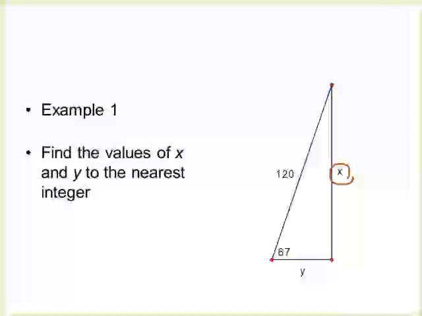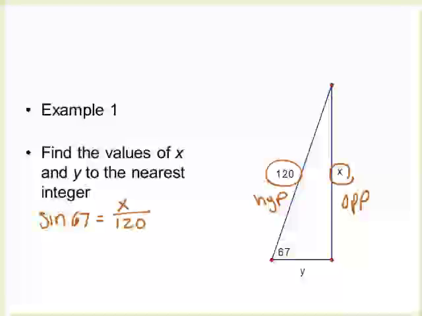Is it an opposite, adjacent, or hypotenuse? Opposite. And 120 is what kind of a side? The hypotenuse. So we need to pick the trig function that uses opposite and hypotenuse. Which one is that? Sine. So we're going to say sine of 67 is opposite x over hypotenuse 120.